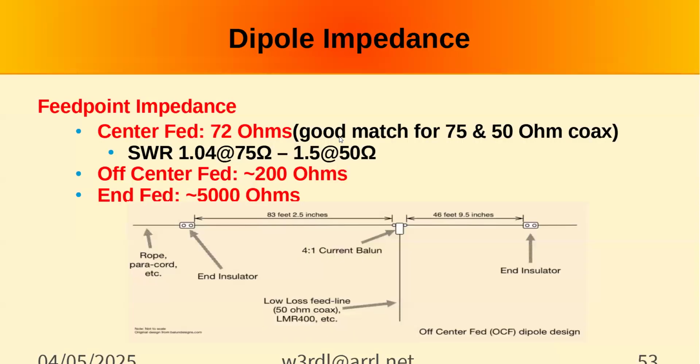But we'll get there. Okay, so a center fed is approximately 72. It's a decent match with a 50 ohm cable without a tuner. It's less than 2-to-1 SWR. And if you had 75 ohm cable, it's almost a perfect match.